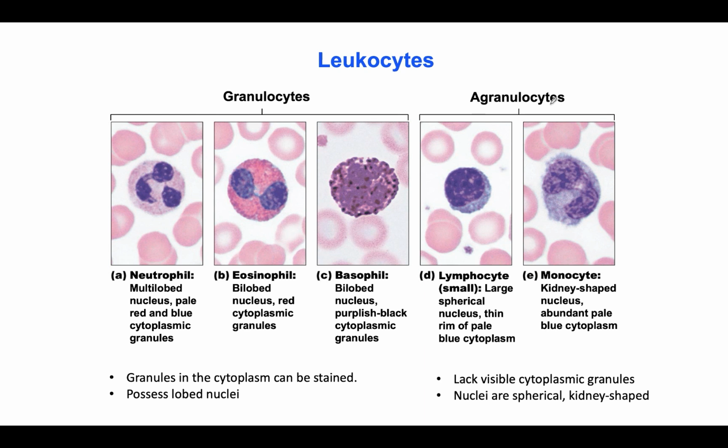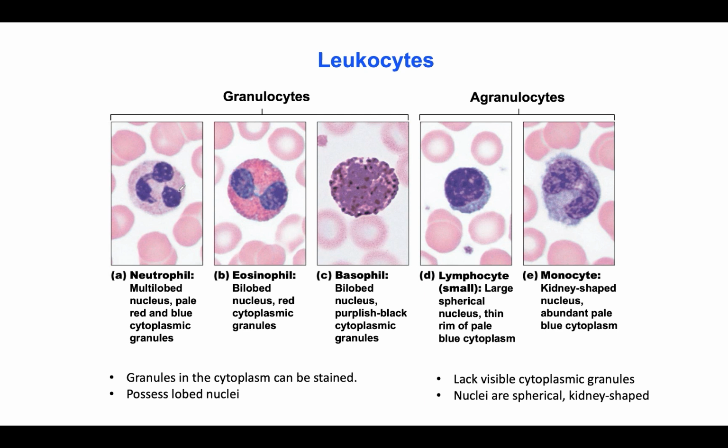In terms of agranulocyte, they also have a nucleus. Lymphocyte has a large nucleus, and monocyte has a kidney bean shaped nucleus. Granulocyte has granules in the cytoplasm.